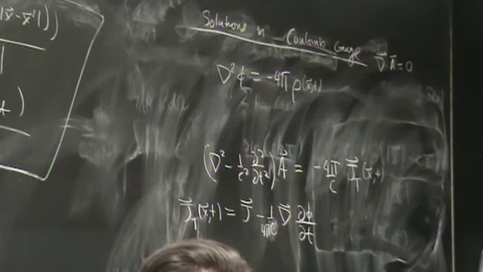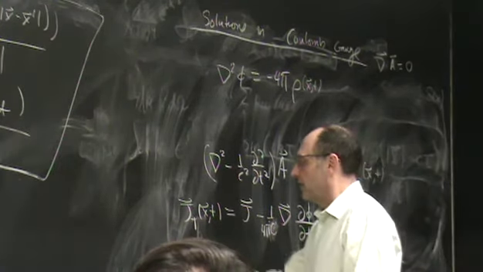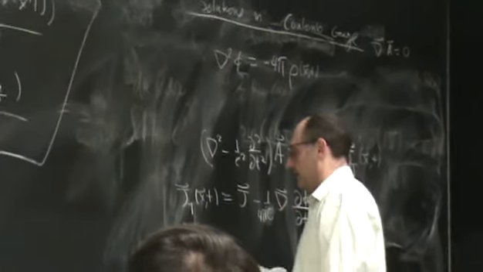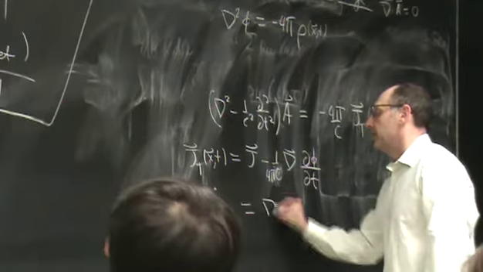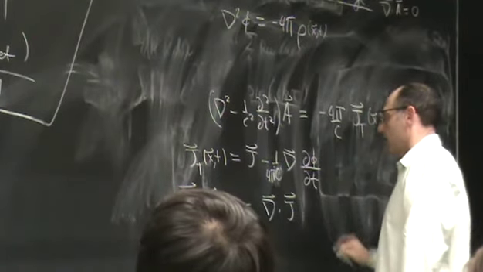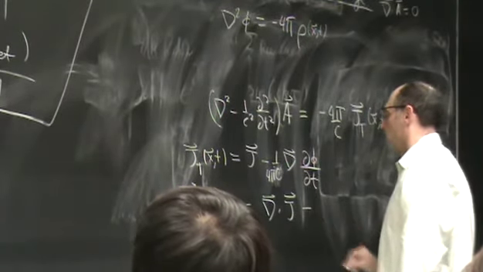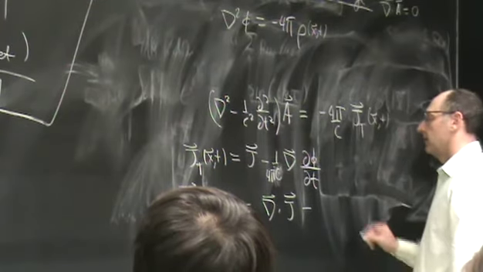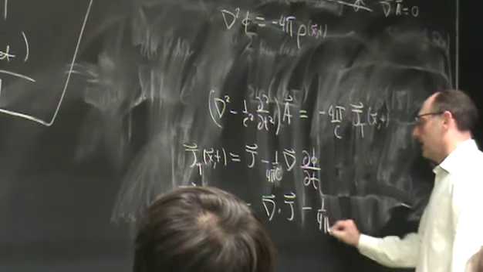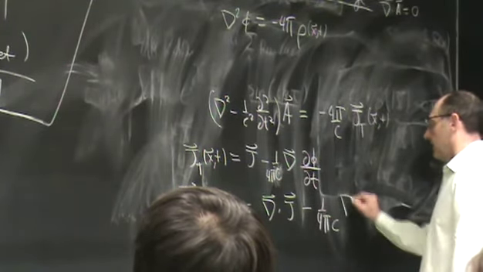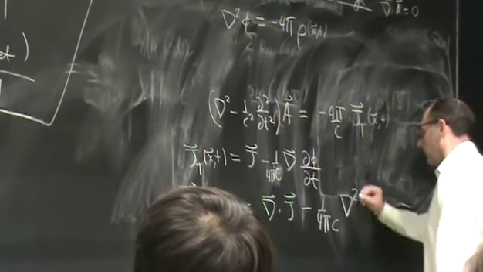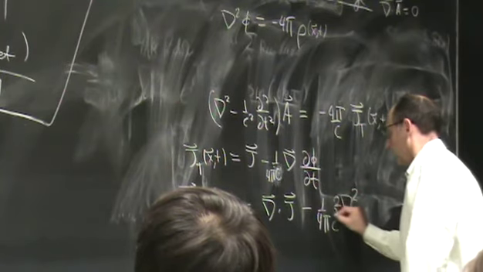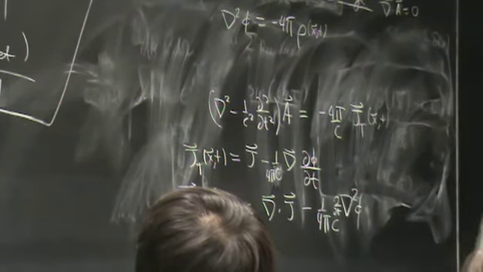Well, let's look at what the divergence of J_T is. That's equal to the divergence of J minus 1 over 4 pi c, d by dt of the Laplacian of phi.